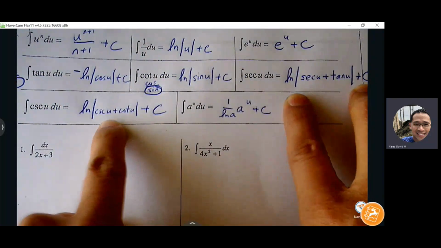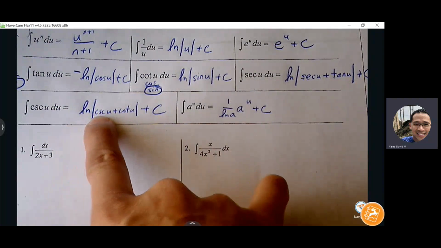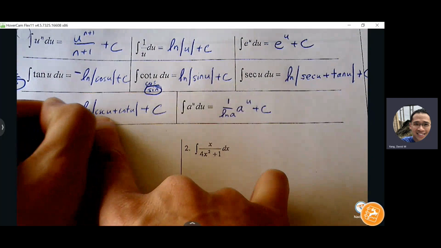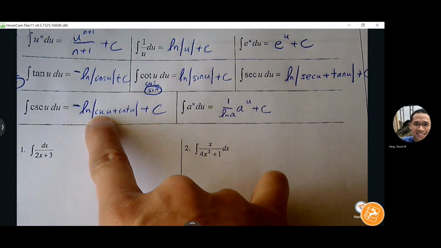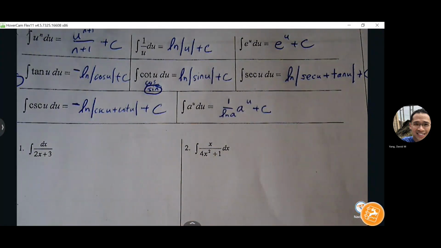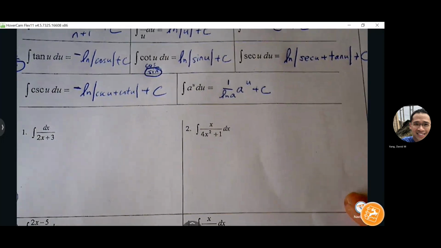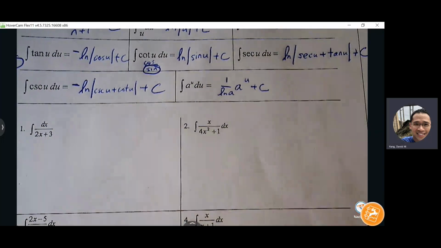Cosecant, cotangent usually goes hand in hand. I see the letter C near the beginning of my integral rule, so I'm going to put a negative in front. Right, we'll practice this again tomorrow.